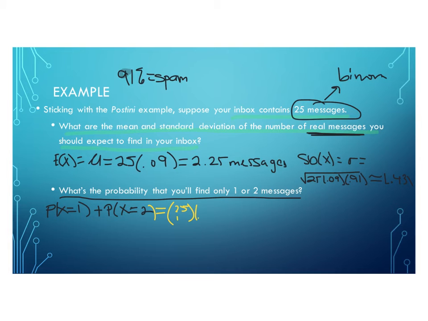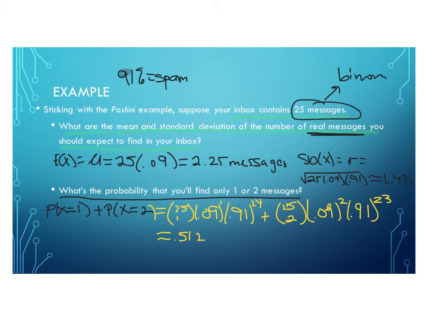I want that first one, I need one of them to be real, and the other 24 to be spam. And I'm going to add the probability of 2 real messages. And then just type all that into your calculator. This does give you an approximate probability of 51.2%.